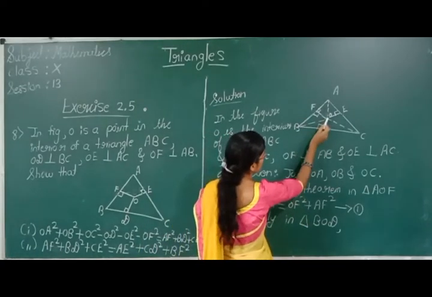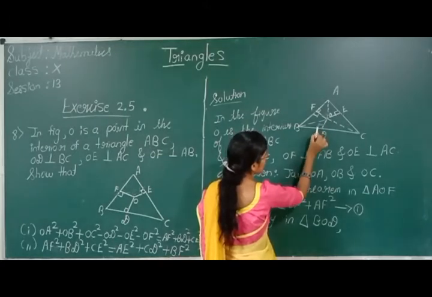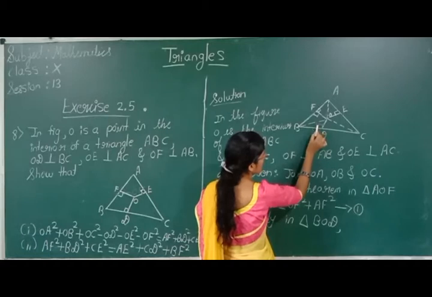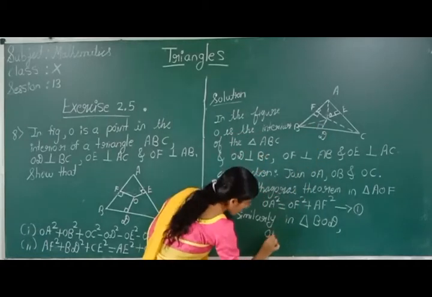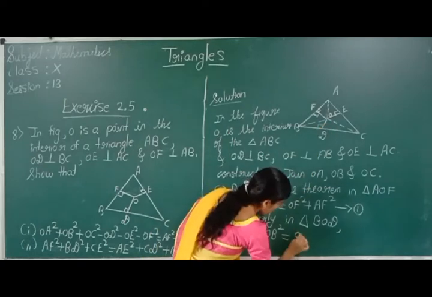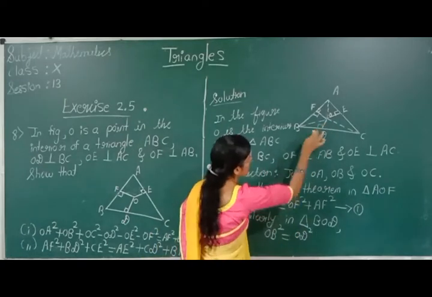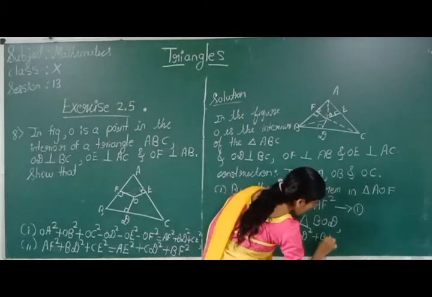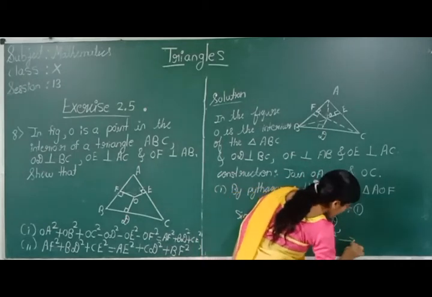First find out which is 90 degree here. Angle D is 90 degree. Which is the opposite side here? OB. OB square is equal to OD square plus BD square. Call this equation number 2.